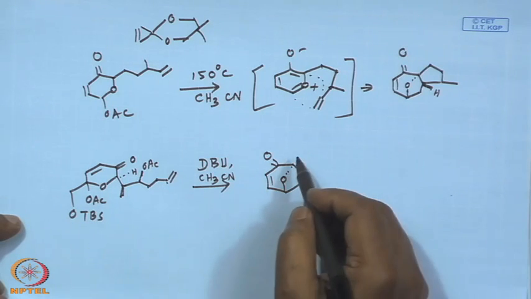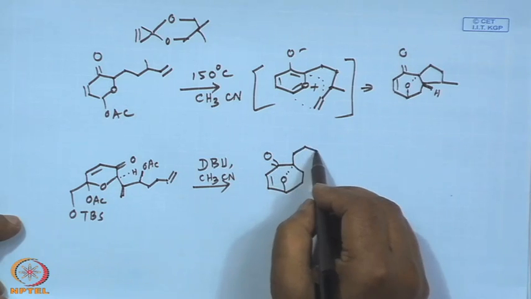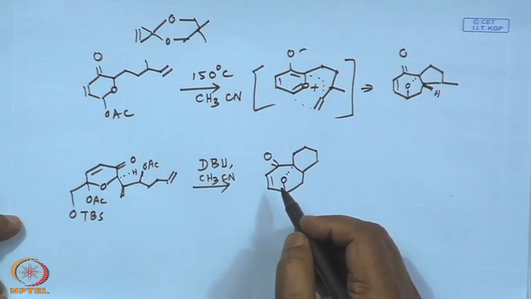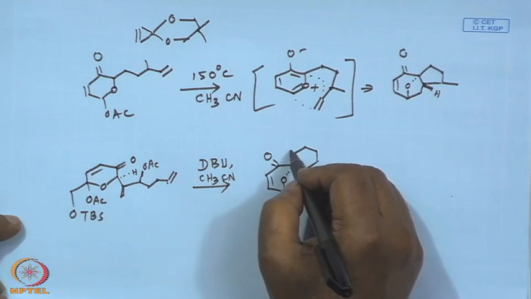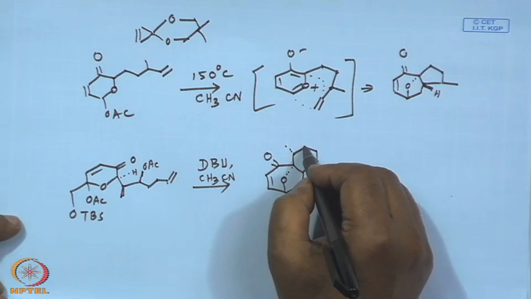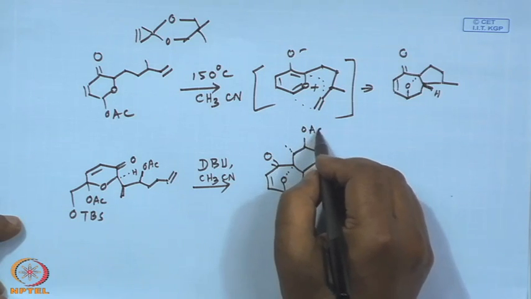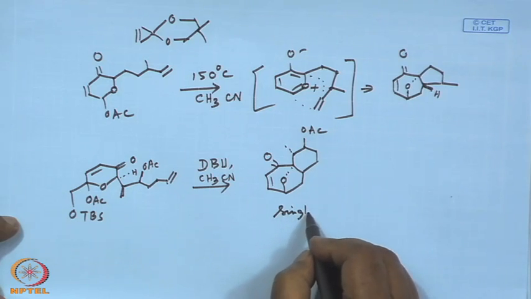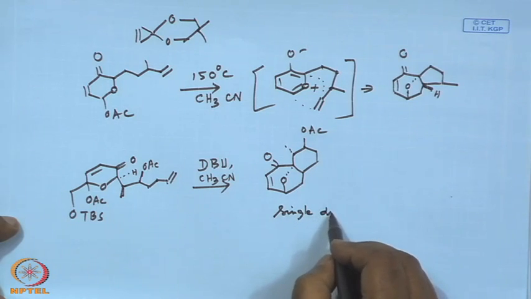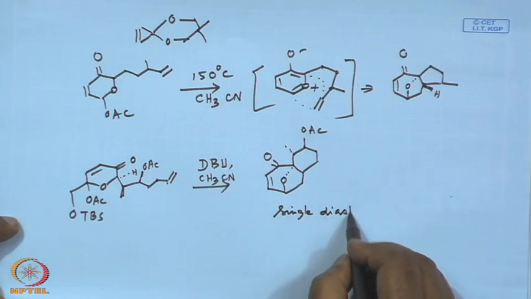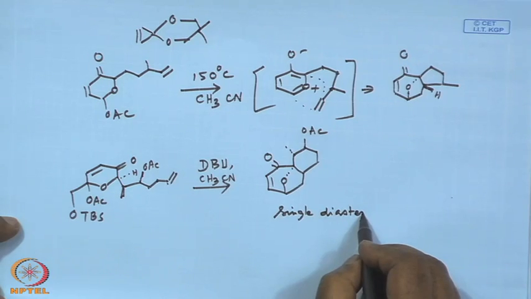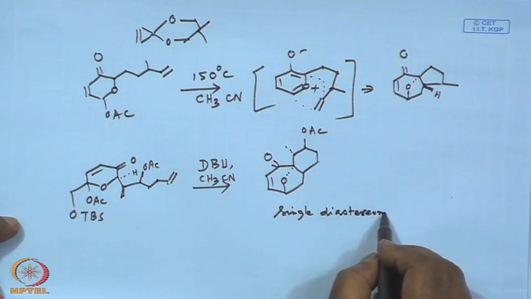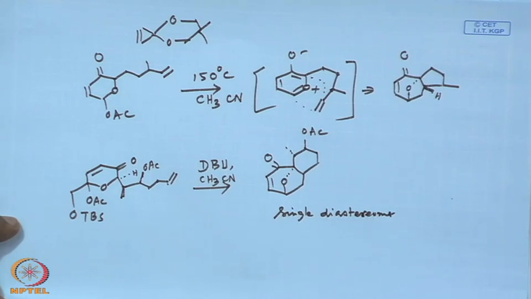So, you will have a 6 membered ring, and then this acetate. And because of these substituents you get a single diastereomer.